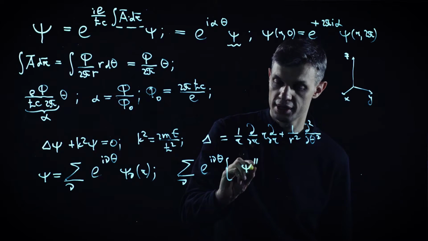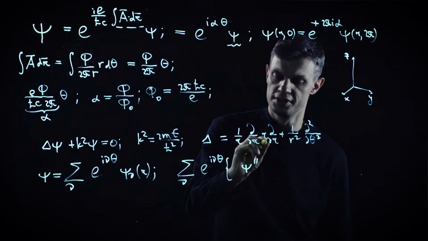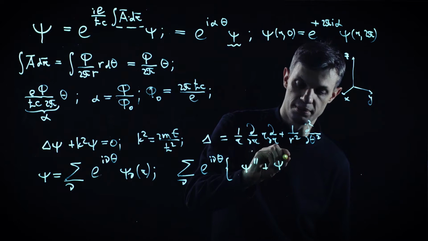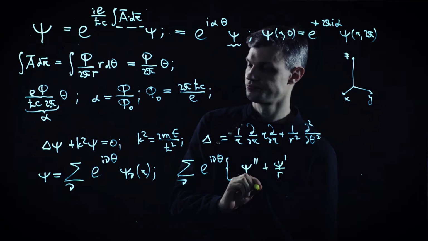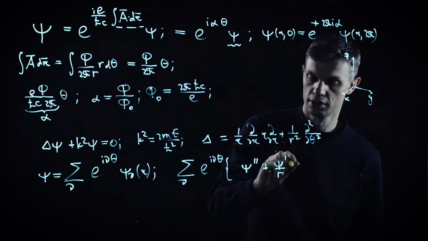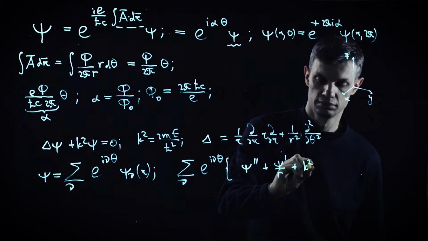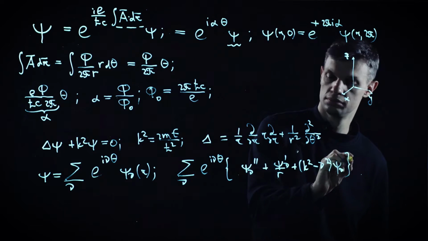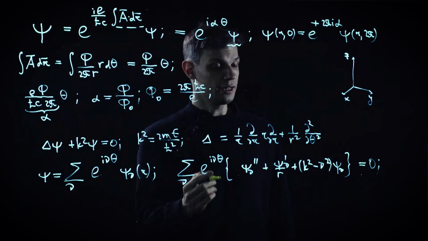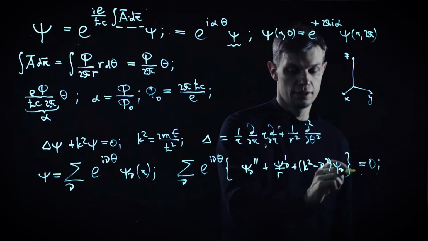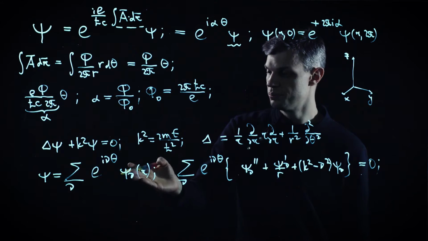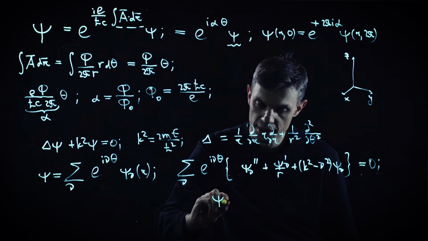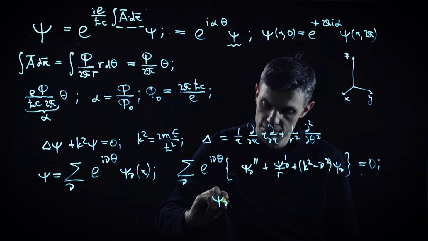Psi prime prime, where by prime I mean differentiation with respect to r, plus psi prime over r. And finally, we arrive at the equation for the radial component of our wave function, which is a simple Bessel equation.